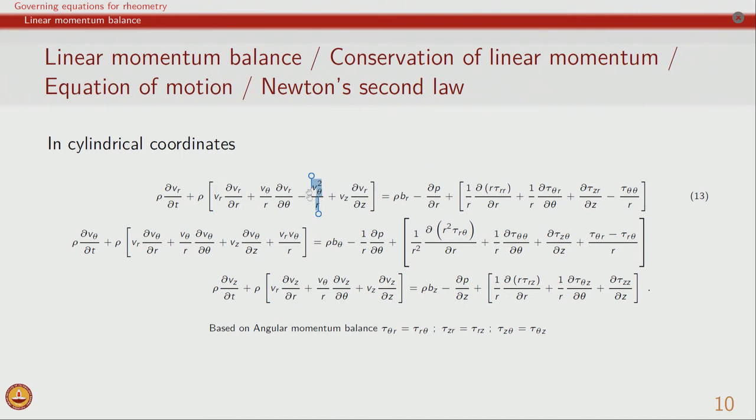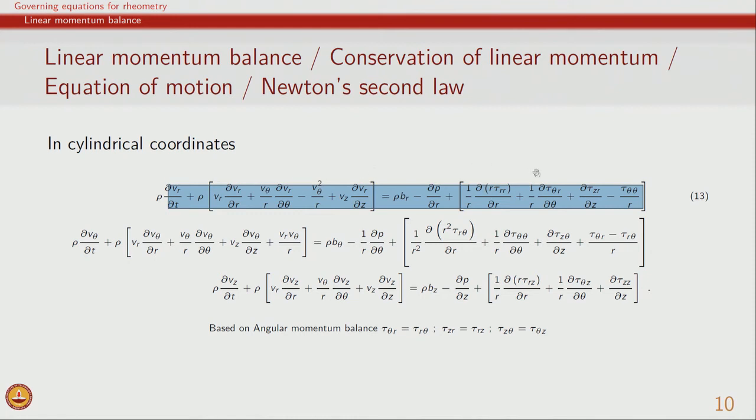Now, this term is actually the centrifugal acceleration that we are familiar with, rho v theta squared by r. This is an r direction component, and in the r direction we have of course the velocity in the r direction and the stresses also in the r direction, though they may be on different surfaces.